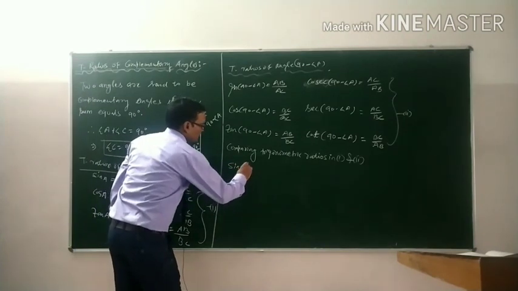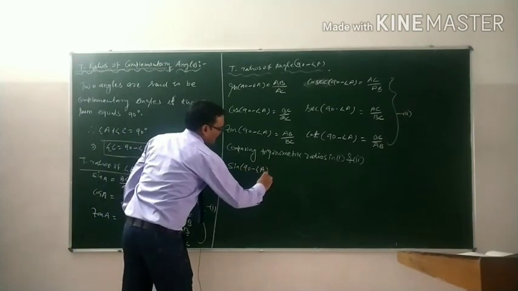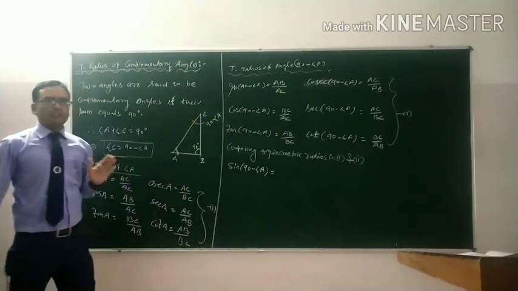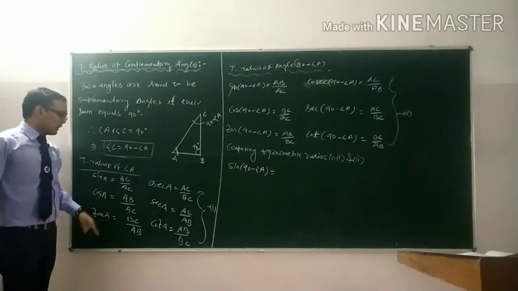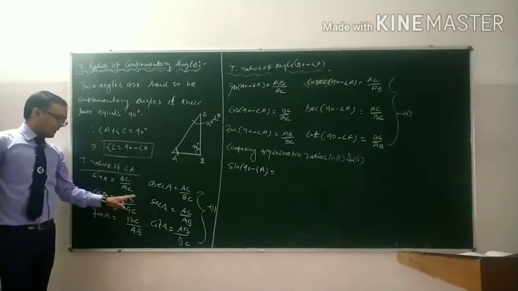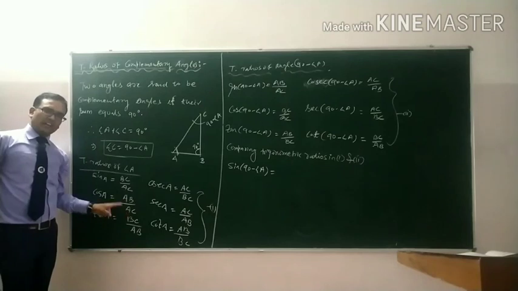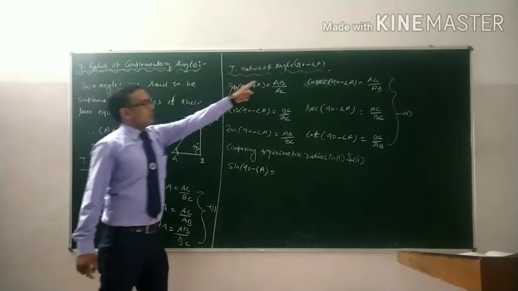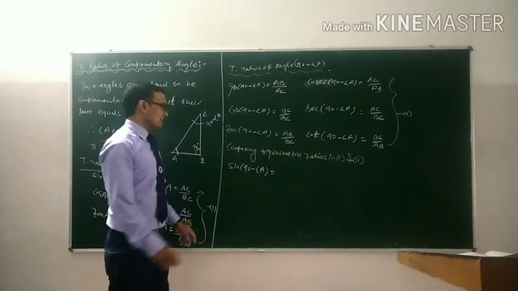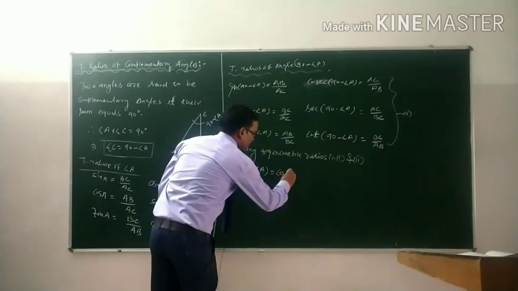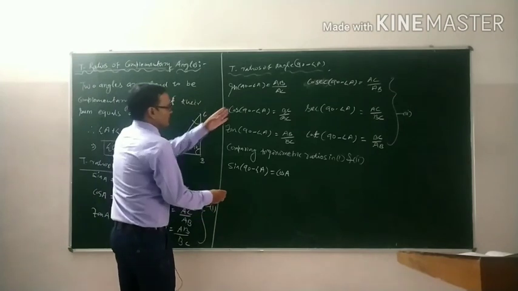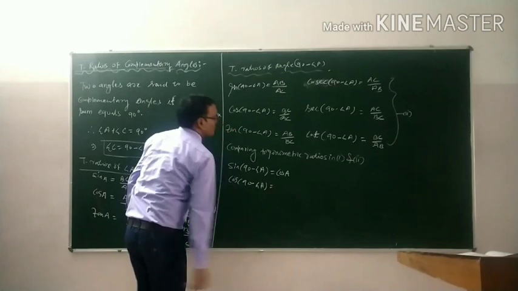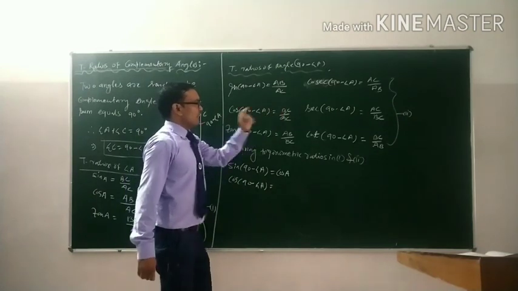Sin 90 minus angle A is equal to AB upon AC. What is the value of AB upon AC? AB upon AC is also written as cos A. In place of AB upon AC, we write cos A. Similarly, cos 90 minus angle A is equal to BC upon AC.